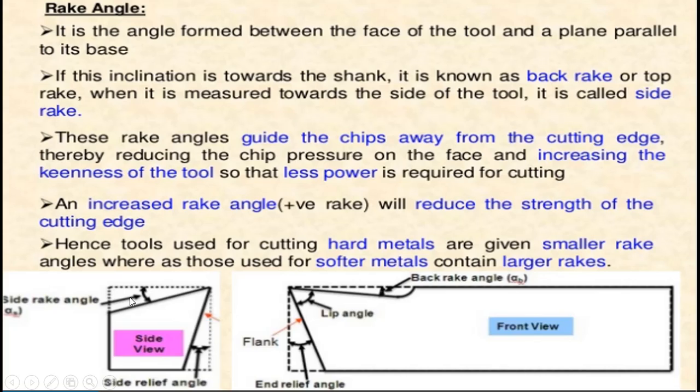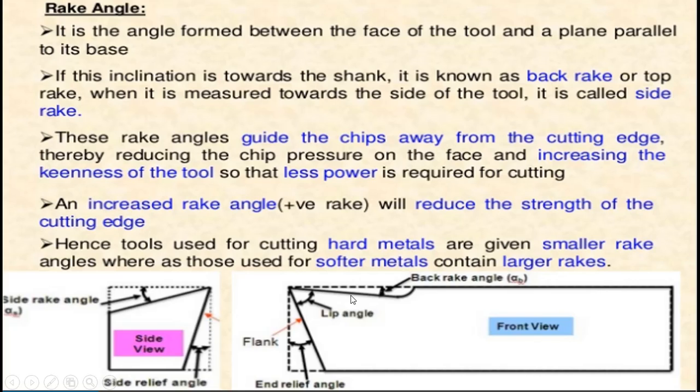These angles mainly act as a guide to chip flow away from the cutting edge, thereby reducing the chip pressure on the face and increasing the keenness of the tool so that less power is required for cutting. An increased rake angle is called a positive rake angle. If you increase this slope more, it will reduce the strength of the cutting edge.